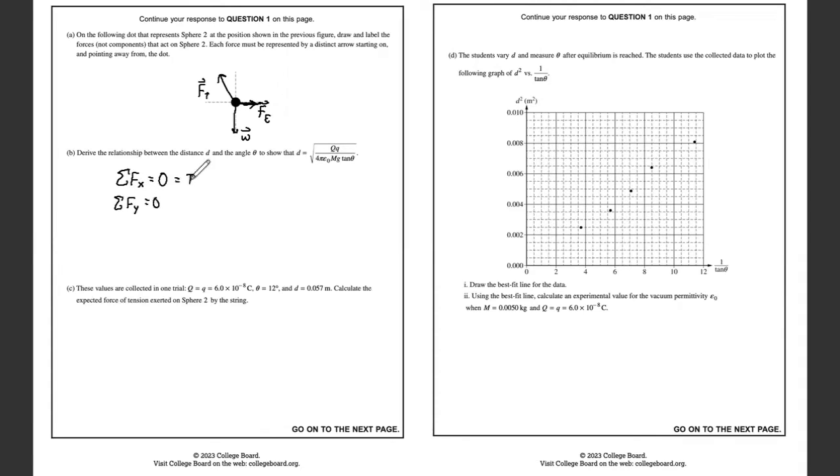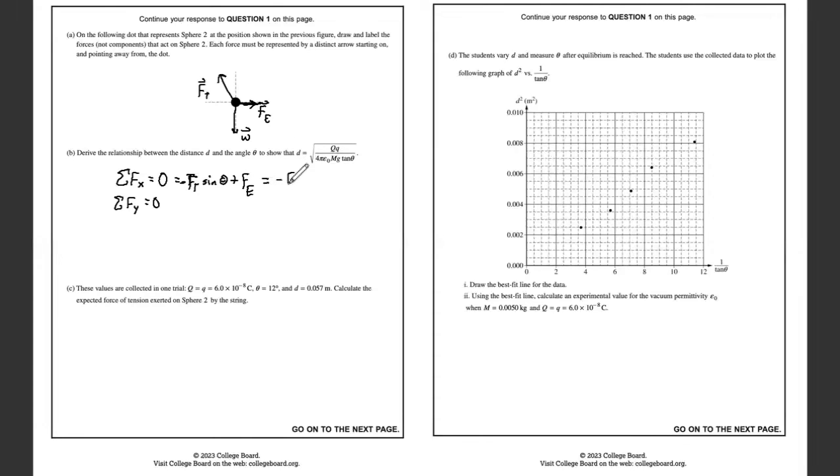Now, in this case, the x component of tension is F_T sine theta, not cosine. If you go back to the picture on the previous slide, you're going to see that theta is the angle from the vertical, not the horizontal. So that is a negative force because it's pointing to the left, although it doesn't really matter which way is negative and positive here, plus the electrostatic force, that should all equal zero.